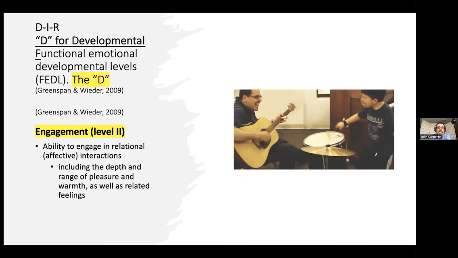Like some kids can only respond to music that's really fast, loud, and it's just generating a lot of affect. But then when the music becomes soft and maybe more connected and more flowing, maybe they withdraw, right? Or it could be the other way around. So we're trying to assess them through a range of emotional experiences. That would be level 2.